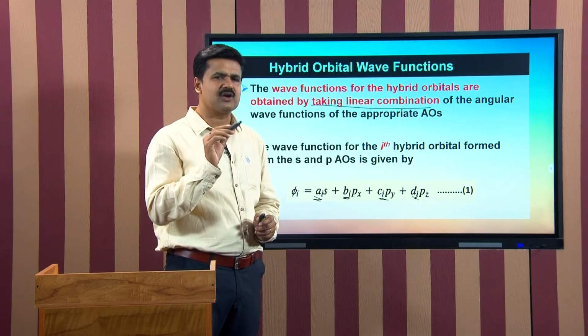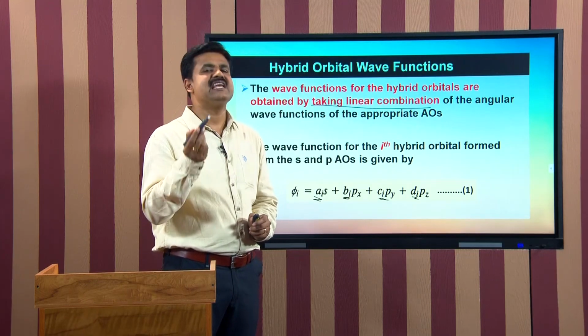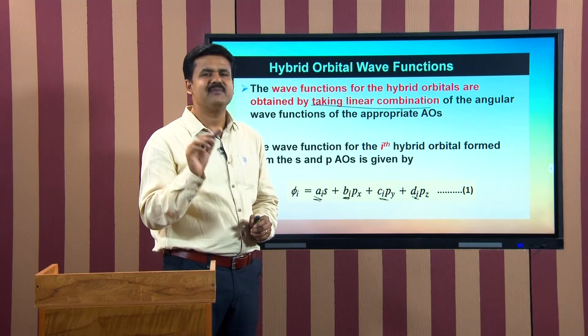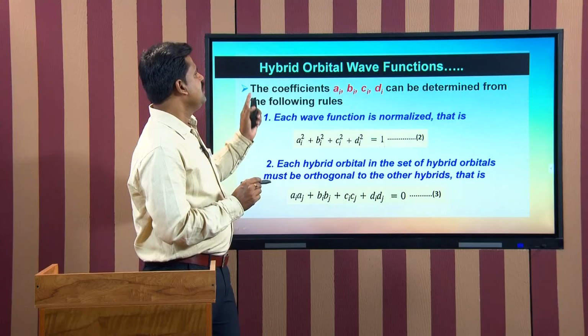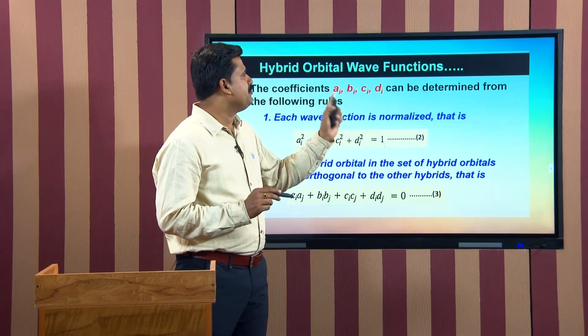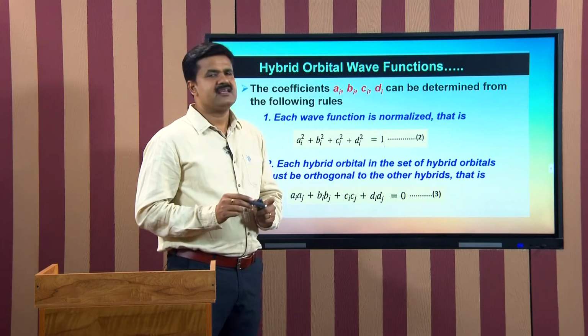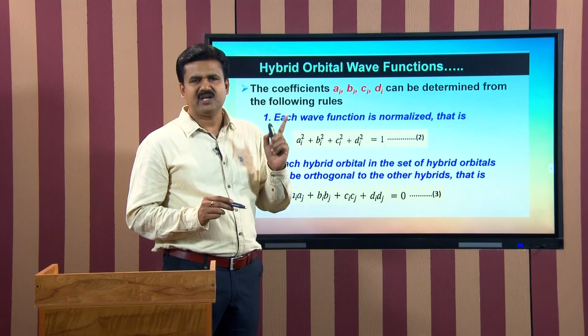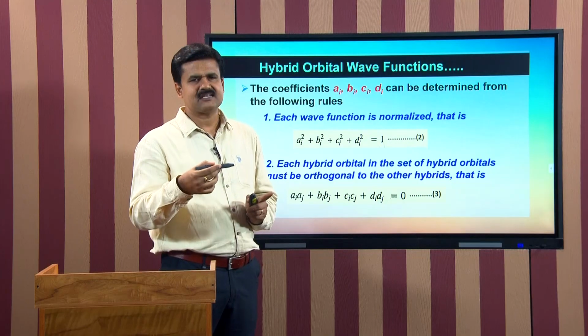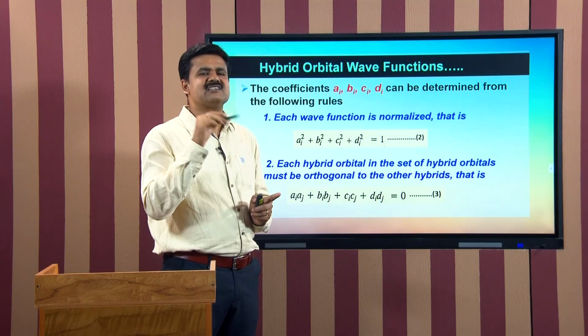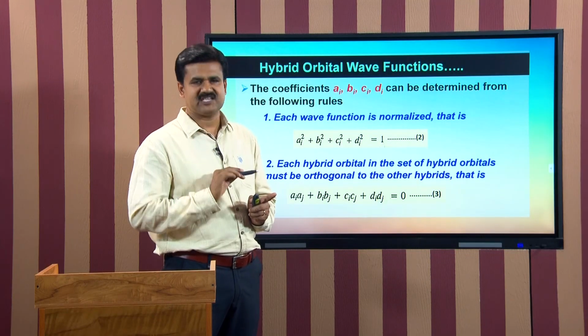So, hybrid orbitals are obtained by the linear combination of atomic orbital wave functions. The coefficients can be determined by using a set of rules, and we are now illustrating the rules which help us to evaluate the coefficients.